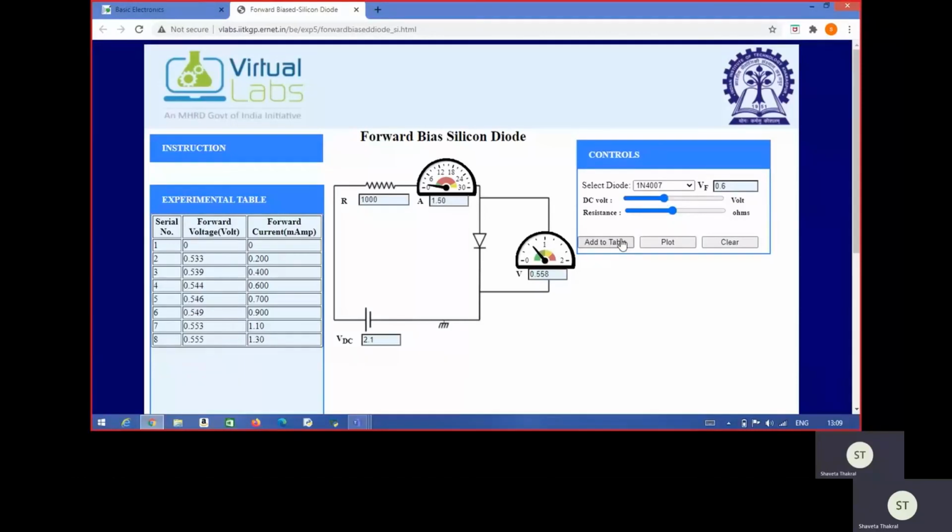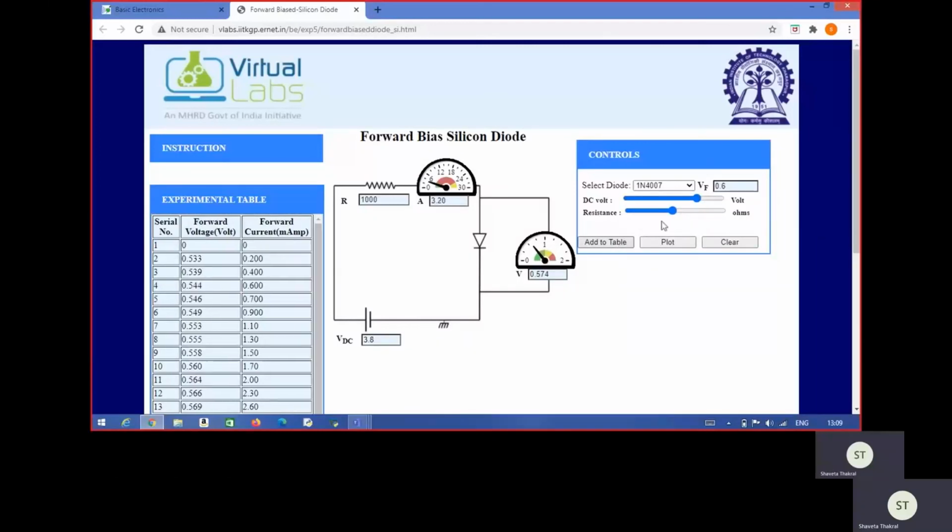So on the left side in the table you can observe all the readings that are changing as per the change in the applied DC voltage. So we will take some readings here. By changing the value of DC voltage, the forward voltage and the forward current are added to the experimental table, and maximum we go up to 5 volt.